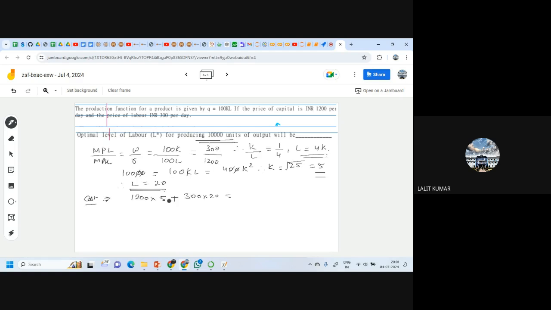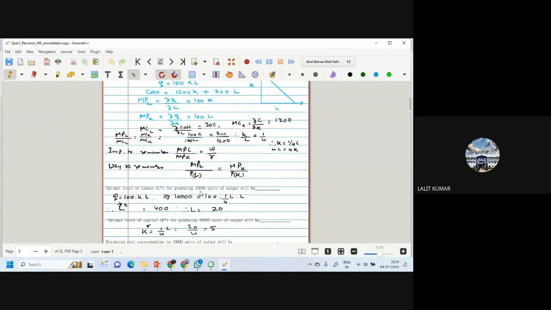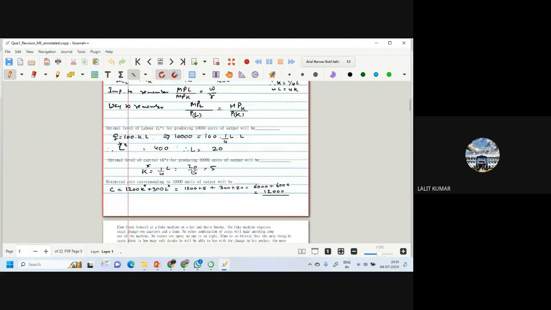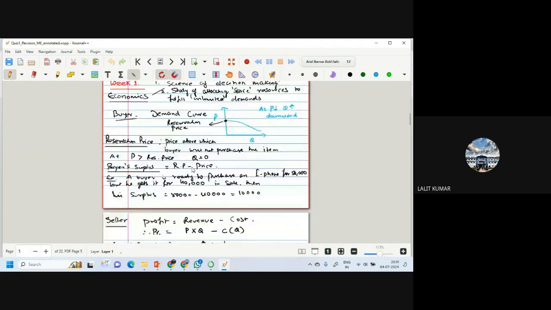So this will come to 6000 plus 6000, which is 12,000. So both we can calculate. This is an important thing. This we have to remember, how to solve it: MPL by MPK is equal to W by R. Straight away from there, put it in the formula, and then we will get the answer.